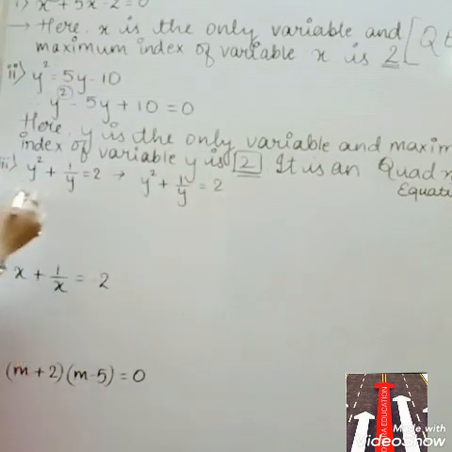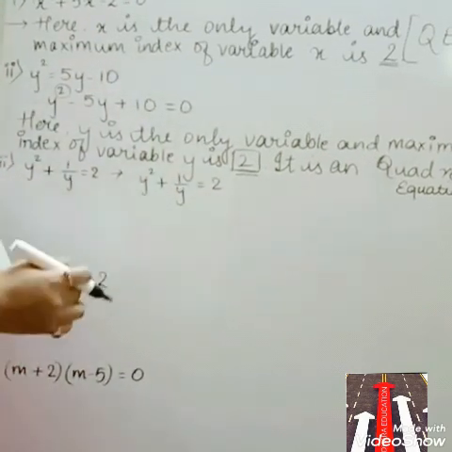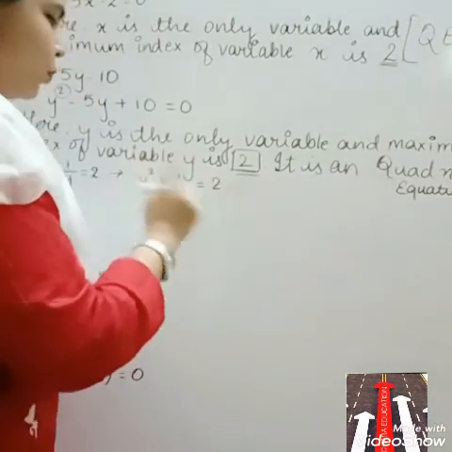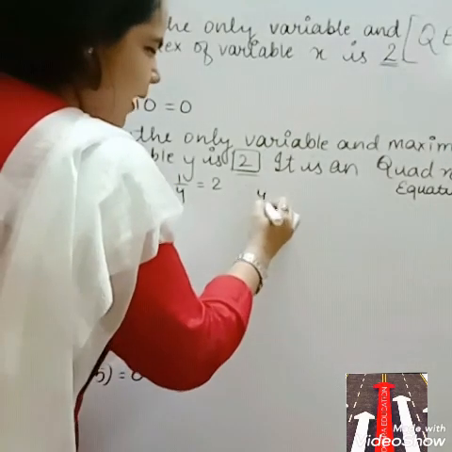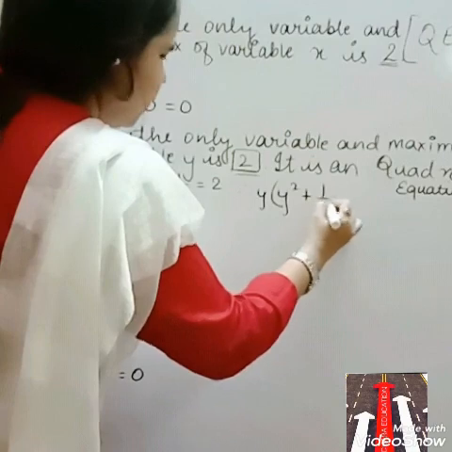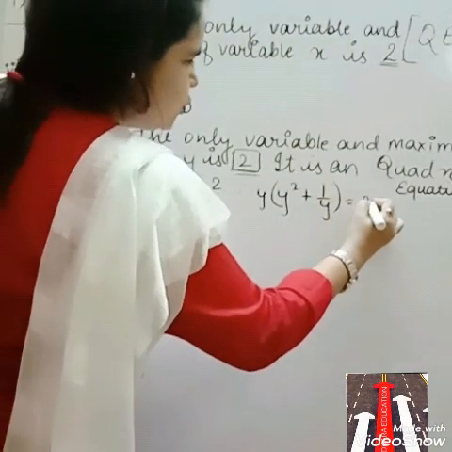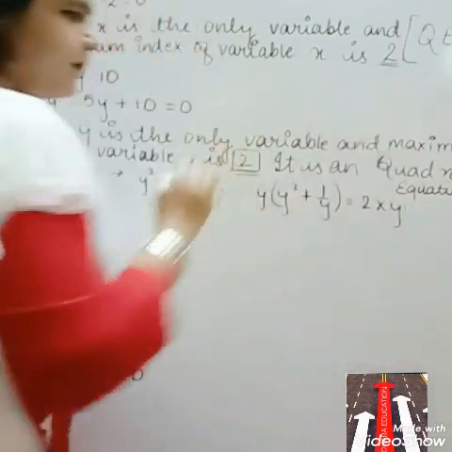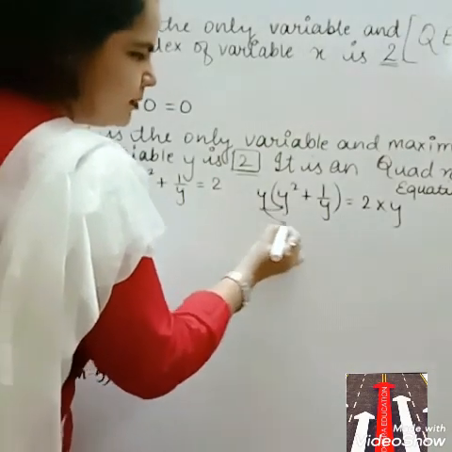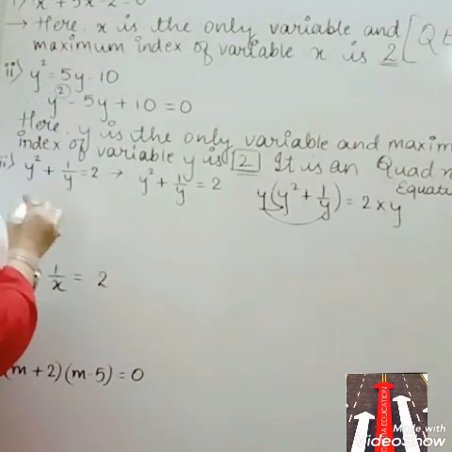So let's start. Now y on both the sides: y square plus 1 upon y is equals to 2 multiplied by y. Alright, so here we multiply y with each term.